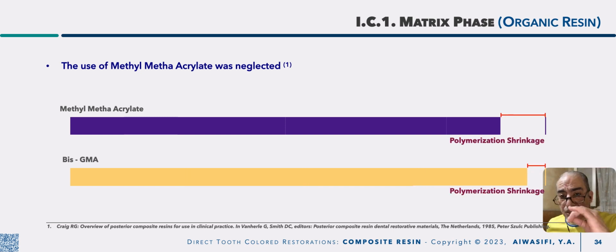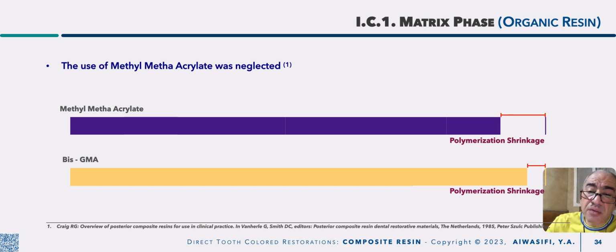This is considered the first step in controlling polymerization shrinkage of the material, by changing the type of monomer, using another oligomer with high molecular weight. When it binds to each other, there will be no great amount of volumetric shrinkage.